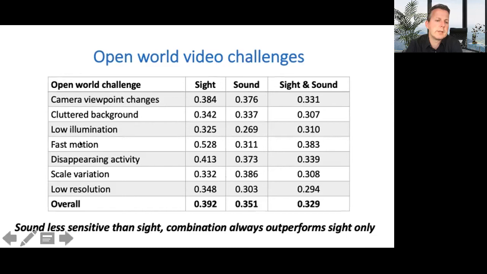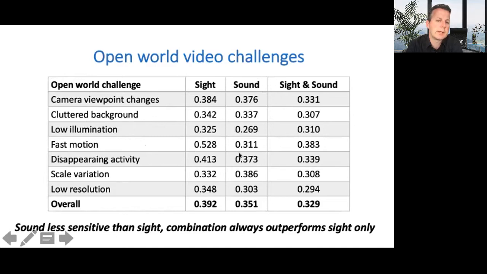Here you see the open world challenges like camera viewpoint changes, cluttered background, low illumination, fast motion, disappearing activity, scale variation, and low resolution. What we notice is that sight provides the baseline with an overall mean absolute error of 0.39.